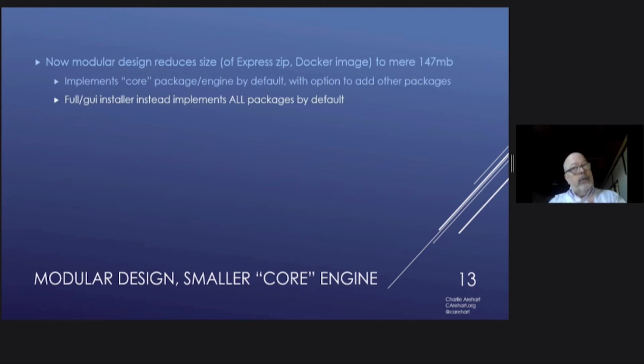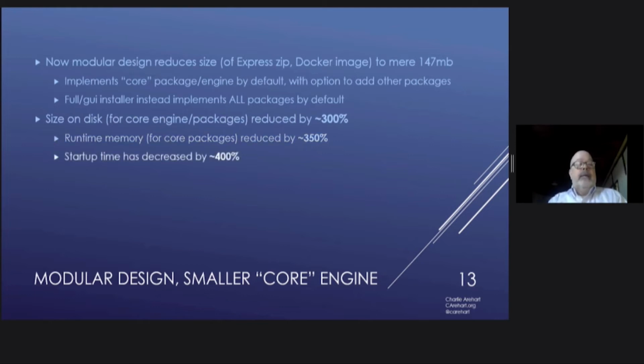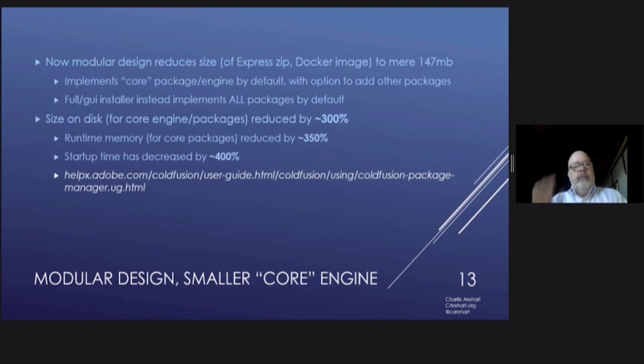The full installer installs all the packages, and that's why for most people, if you don't care about the size and you're just used to CF being the size that it is, do the full installer. But if you want to tweak and fine tune things, then this zip installer and the Docker images are both a lot smaller. The disk space has been reduced by 300%. The startup time and the memory have been reduced substantially. And again, you can read more about that package manager capability in the docs.